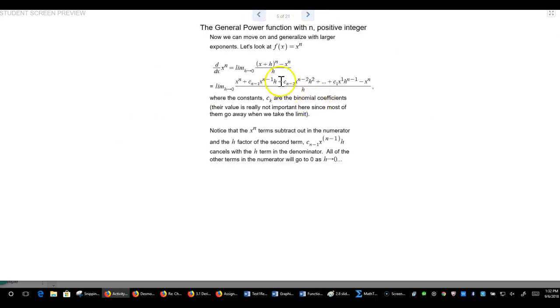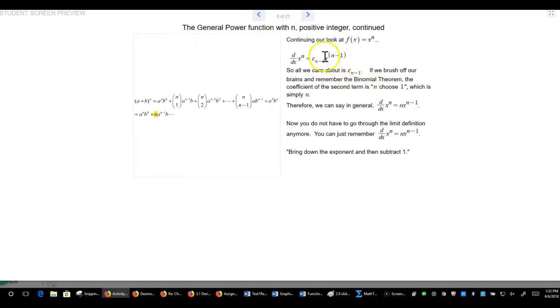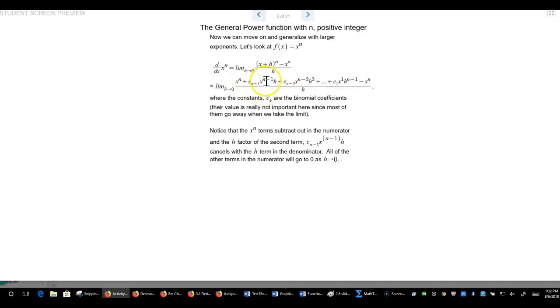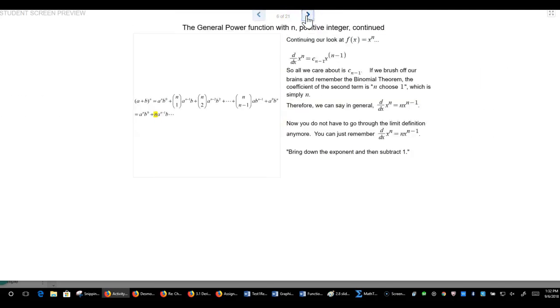So all these other terms go to 0, so we can say that the derivative of x to the n is this constant c sub n minus 1 times x to the n minus 1. That's the term that was left when I took the limit. The only coefficient we care about is that c sub n minus 1.